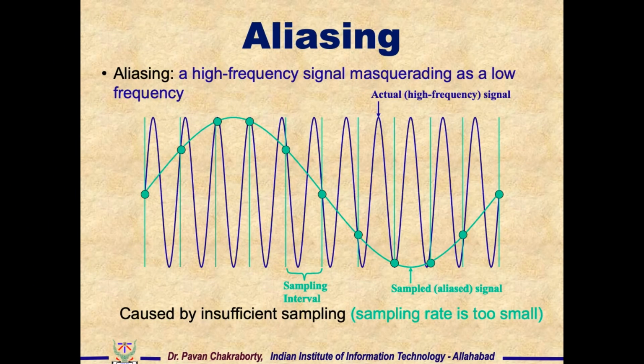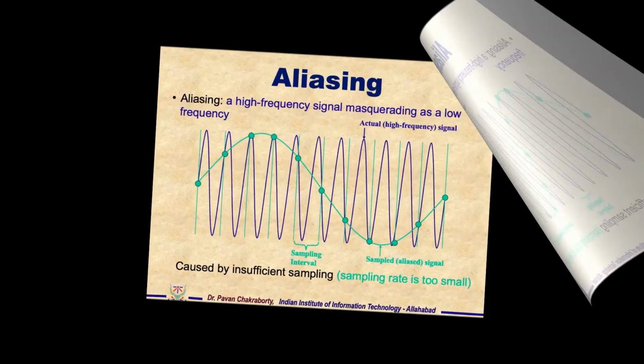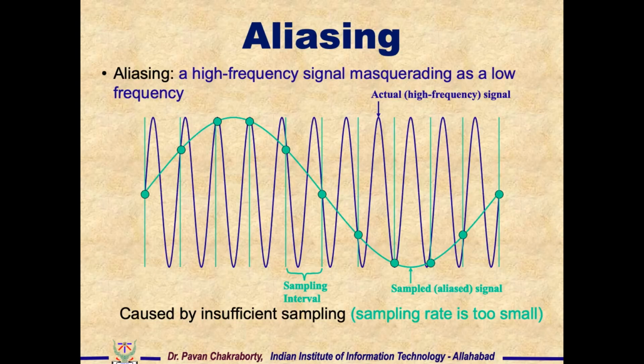Now, here I have a sine wave shown in a blue line with a pretty high frequency, but my sampling rate is much slower. If I sample it at a lesser rate, what I see are the sampled points shown as green dots.